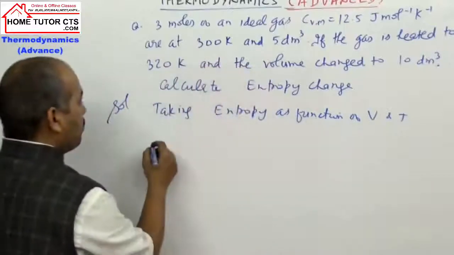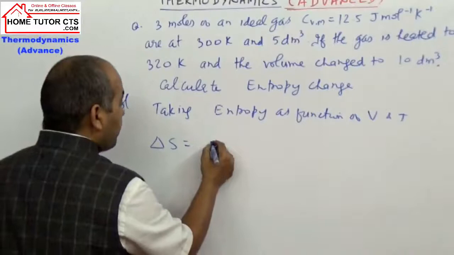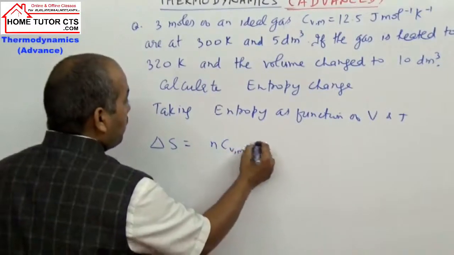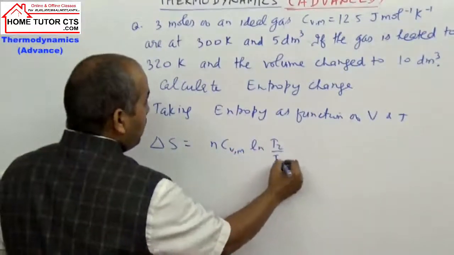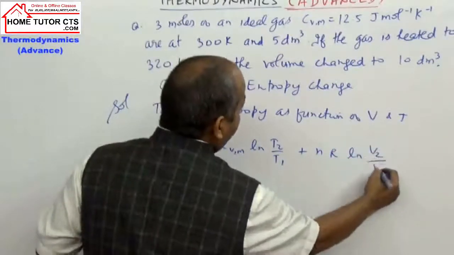What relation can you have for entropy change calculation? Delta S can be taken as n Cv,m ln T2 by T1 plus nR ln V2 by V1.